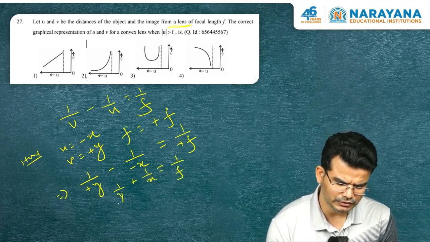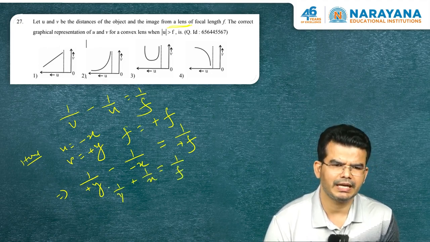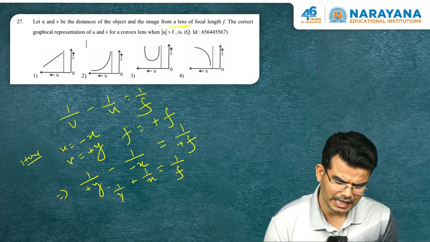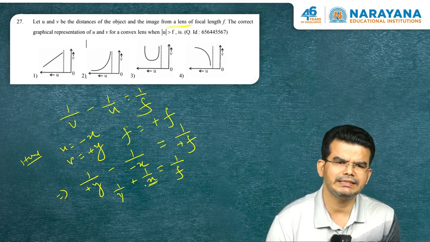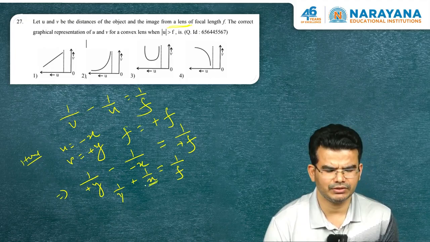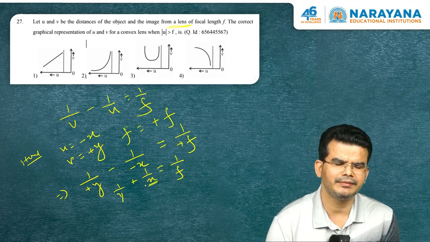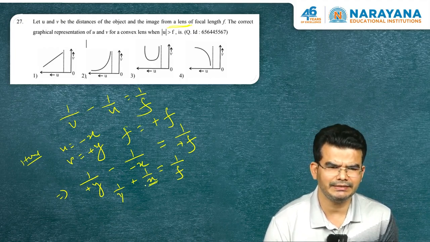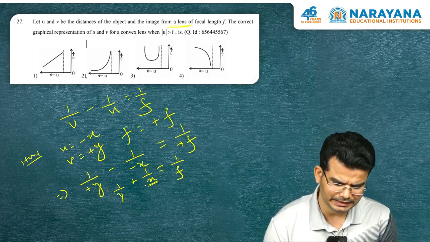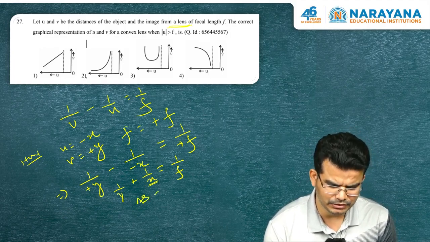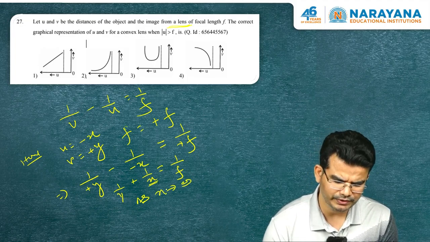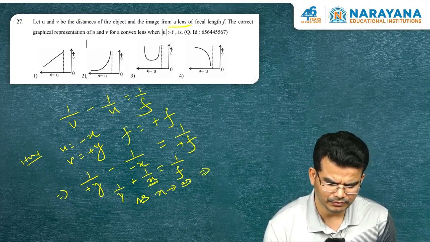This y is actually your v, or rather modulus of v, and x is u, or modulus of u. So how does this relation look? From the basic idea: as x tends to infinity, 1 by x tends to 0, so y tends to f.